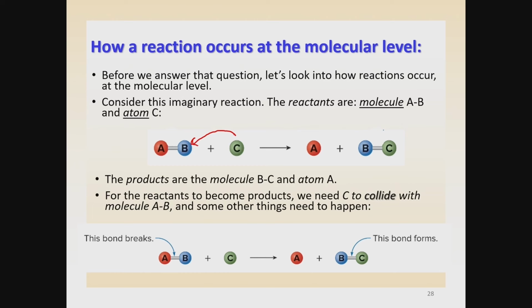One thing that's going to happen is that when C strikes B, you see this bond here between A and B? That bond will need to break. But at the same time, as C is colliding with B, it's going to have to form a bond with B. And so here the bond forms between B and C. So that is essentially how you get this reaction to go: the atom C must collide with molecule AB, and two things happen. The bond between A and B must break, releasing the A atom, and then C must bond to B, and you'll get the other product.